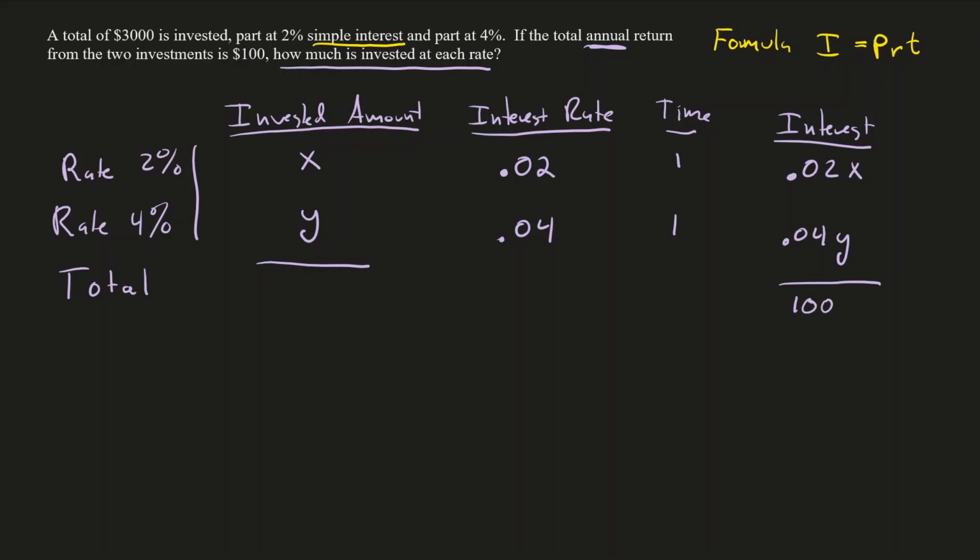And so that will give us our first equation. It's going to be in terms of our interest. So this one here is 0.02x plus 0.04y, which is the interest on the 2% rate and the interest on the 4% rate. And the total interest you get out is $100.